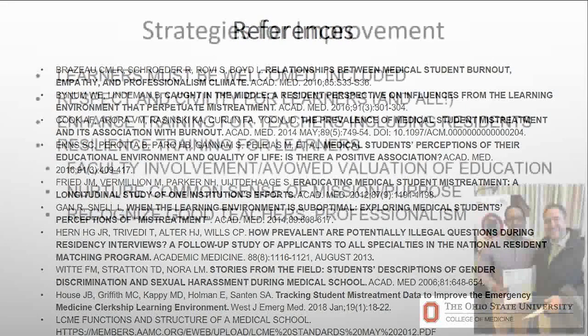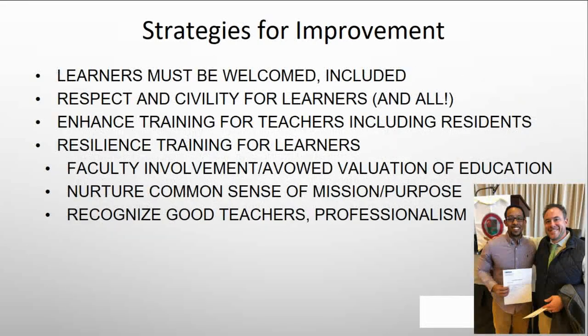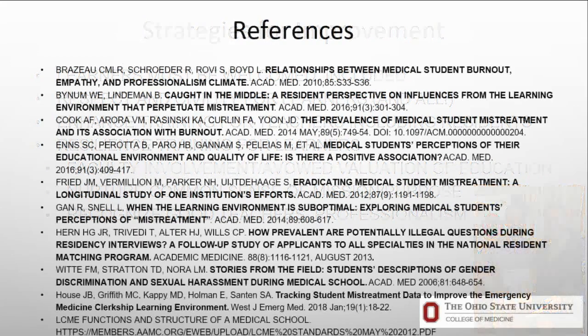And then strategies for improvement: learners must be welcome and included, respect and civility for all learners, enhanced training for teachers, resilience training for learners, and making sure that you evaluate your data, that students can report this, and that faculty know about it.